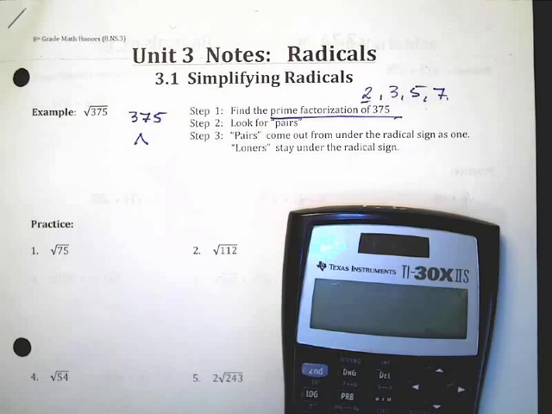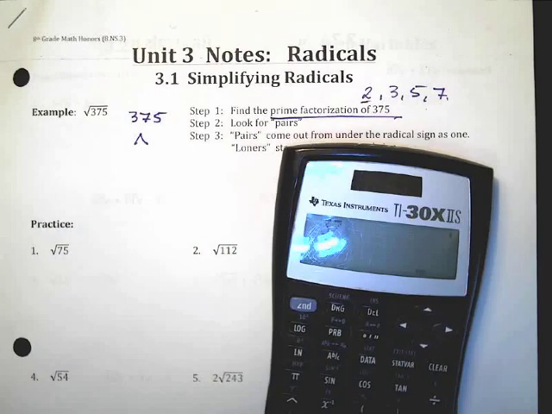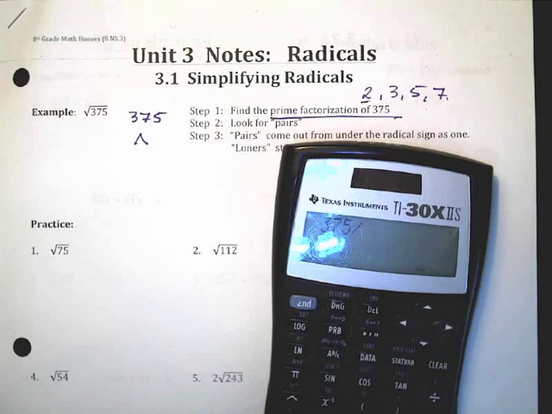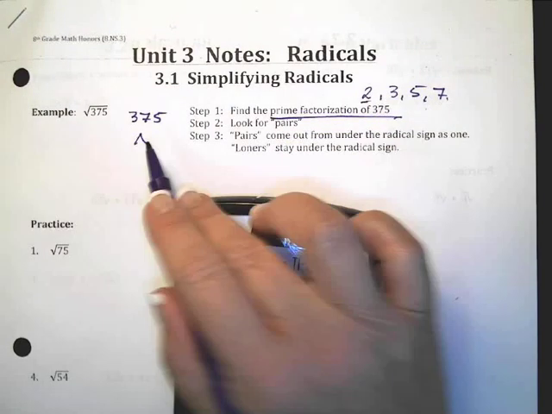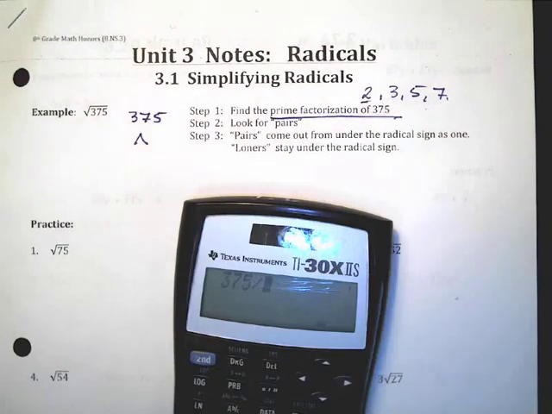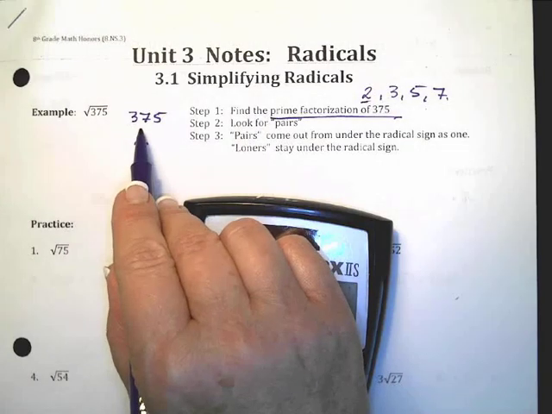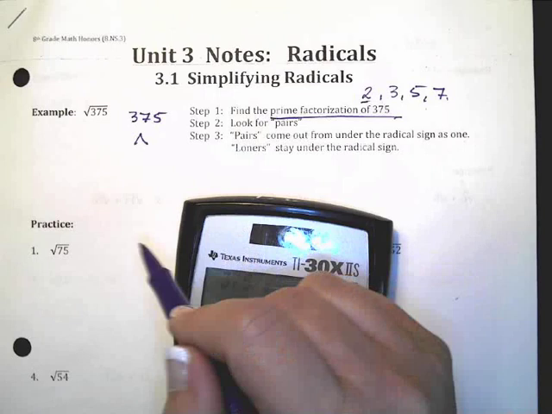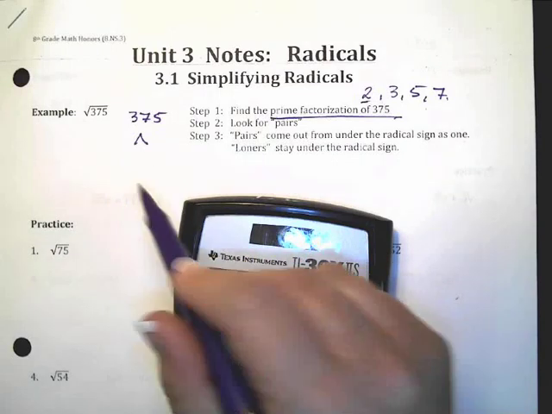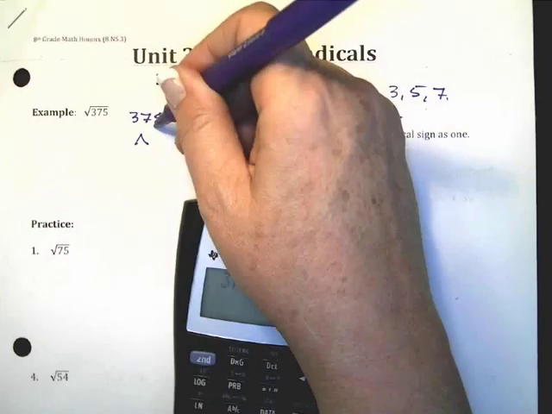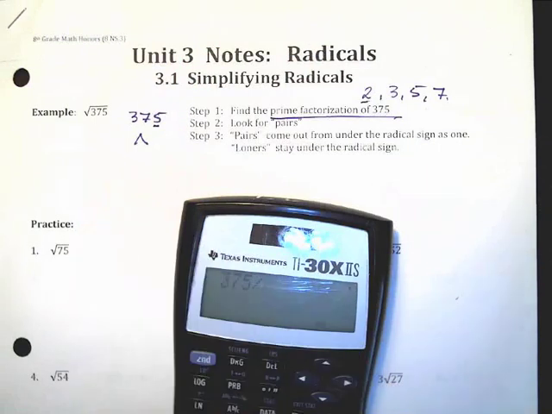The first thing you can do is take 375 and divide it by a prime number. 2 doesn't go into it because it's not even. 3, let's add 3 and 7 together to get 10, plus 5 is 15, and 3 goes into 15, so 3 will go into that. But I think the easiest prime number to see that goes into 375 is 5, and it is prime.